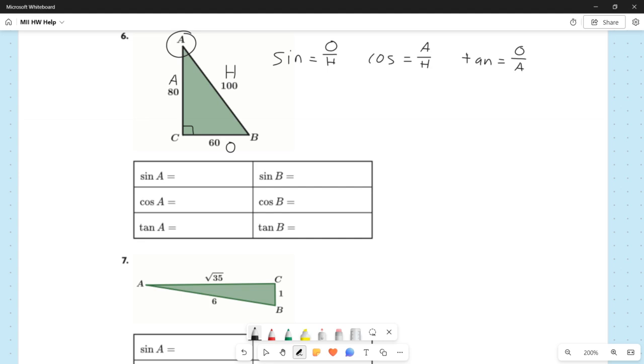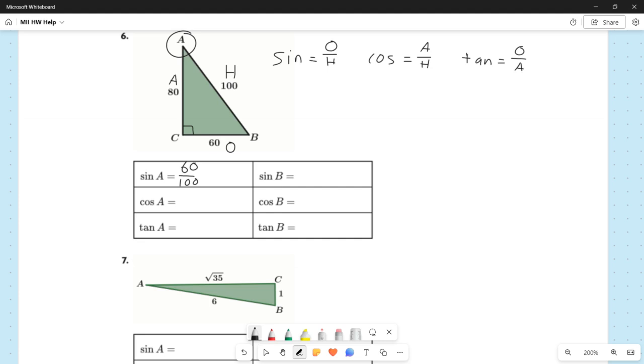So for sine of A, my opposite is 60, and my hypotenuse is 100. So that is our quantity, and it is our answer. Now all we need to do is simplify 60 over 100.